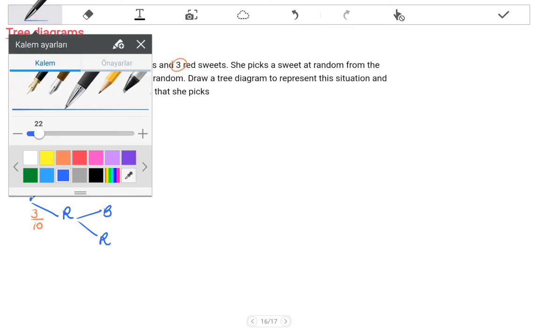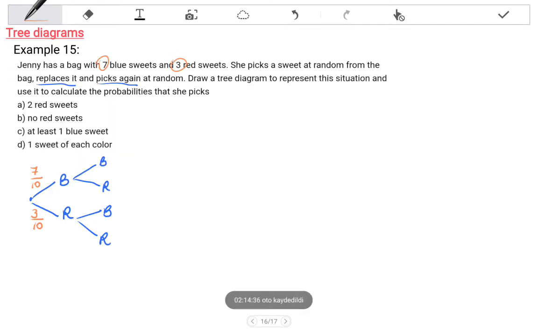Their probability values are: there are still 10 sweets in total and 7 blues in it, so 7 over 10 is the probability value for blue, and out of 10 there are 3 reds, so 3 over 10 is the probability value of red, and the same values also for these branches. So we complete the tree diagram.